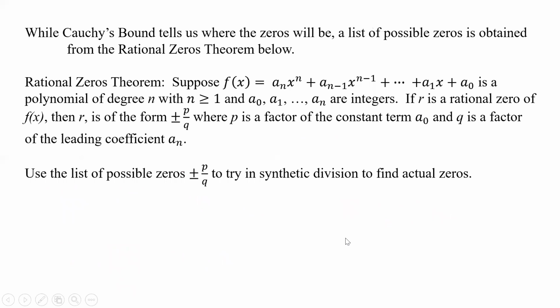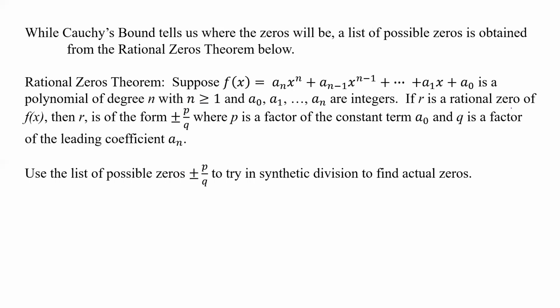While Cauchy's theorem tells us where all the zeros will be, a list of possible zeros is obtained using something called the rational zeros theorem. Suppose we have again some function f of x, a sub n x to the n, a sub n minus 1 x to the n minus 1, on down to a0, a polynomial of degree n, where n is again greater than or equal to 1, and all of these coefficients are integers.